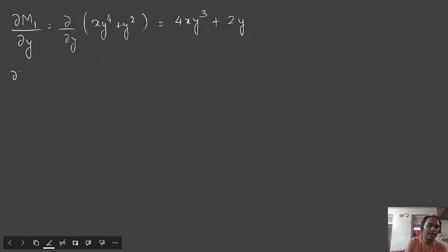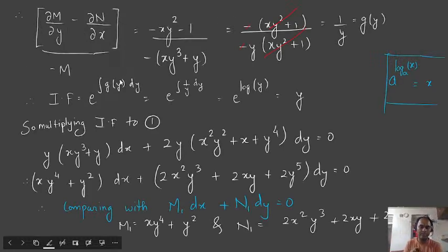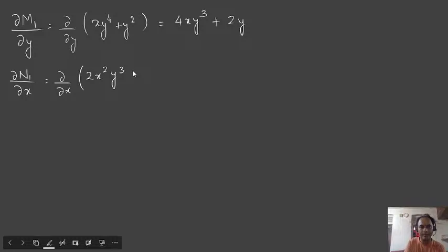And then dou N1 over dou x. N1 is 2x square y cube plus 2xy plus 2y raised to 5.